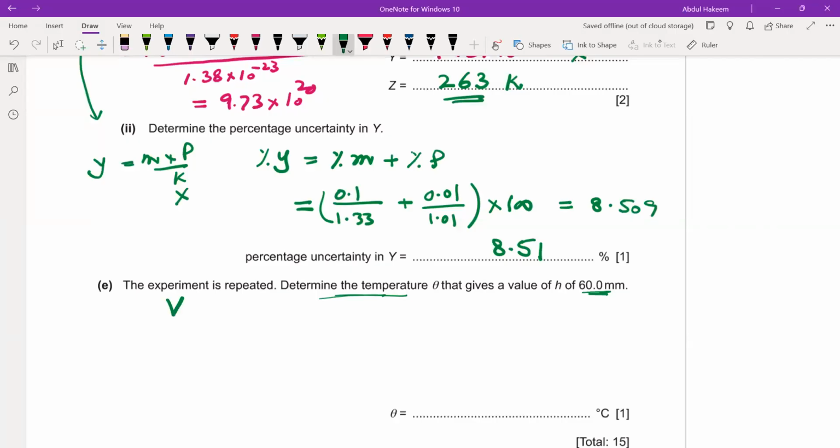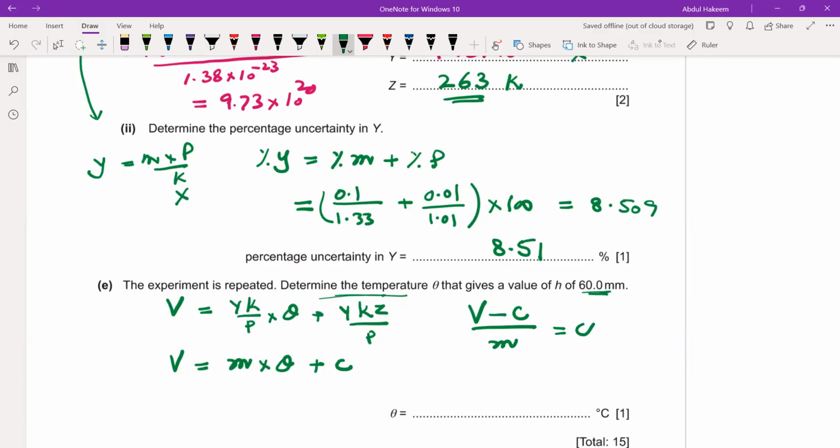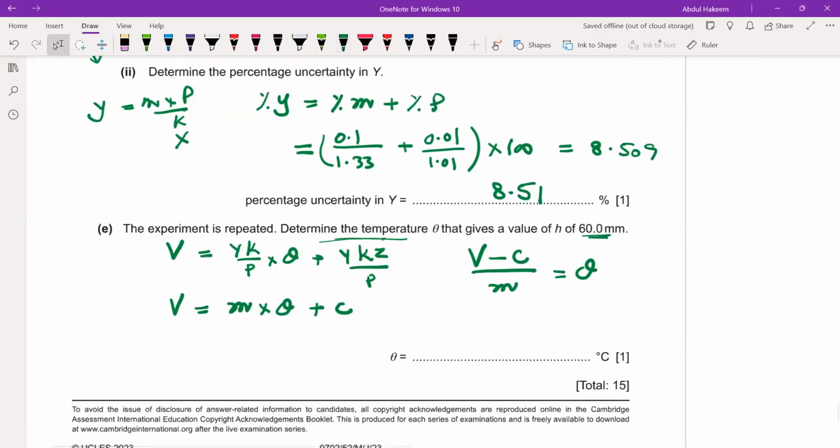So according to the equation, V is equal to yk over p times theta plus ykz over p. So it can be written as m times theta, meaning gradient times theta, plus y-intercept. Now theta is required, so we will write volume minus y-intercept divided by gradient is theta. Now volume we will calculate with this value.